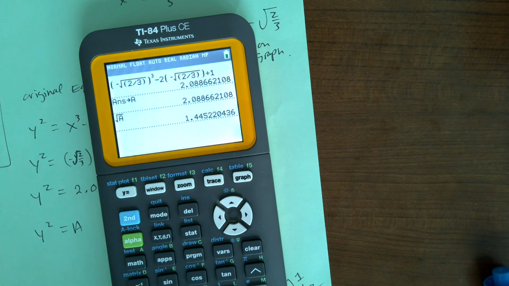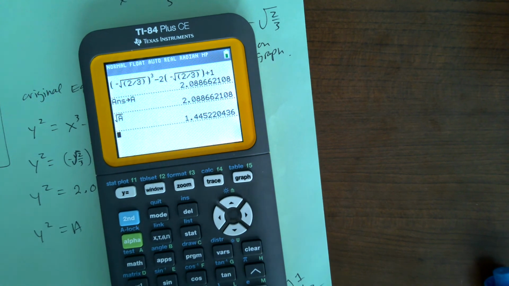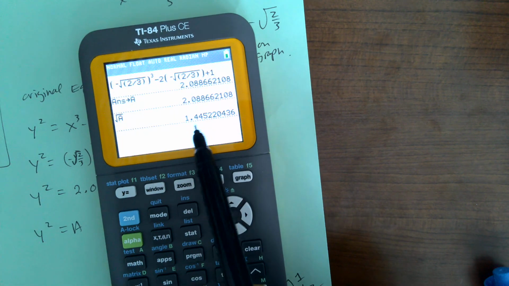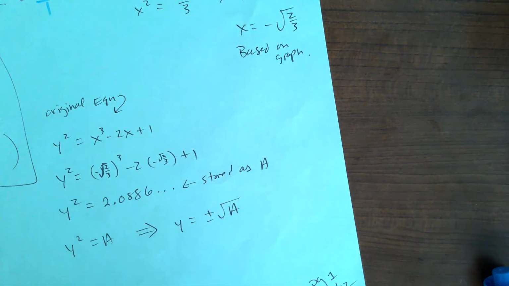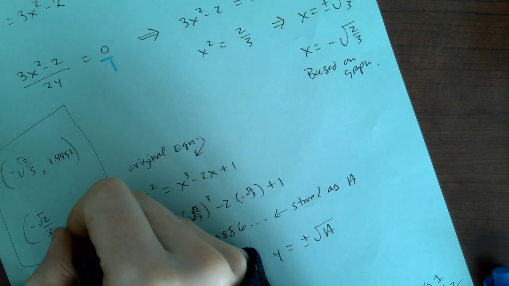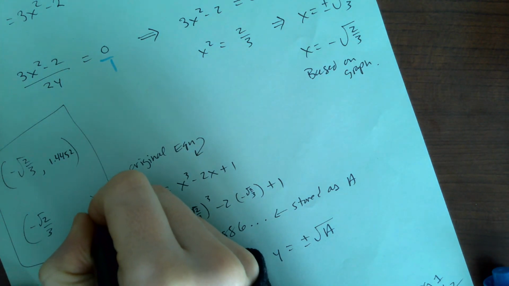I'm pretty sure they want at least 3 decimal points, so I'll do 4. So this is 1.4452, and then negative 1.4452.